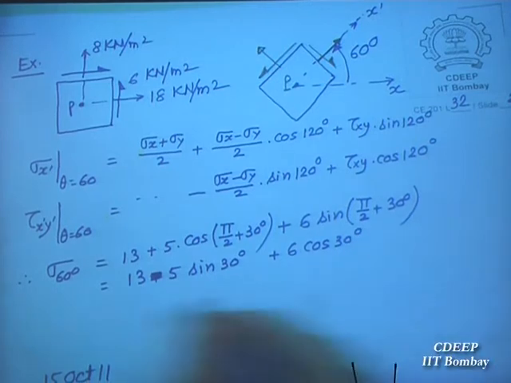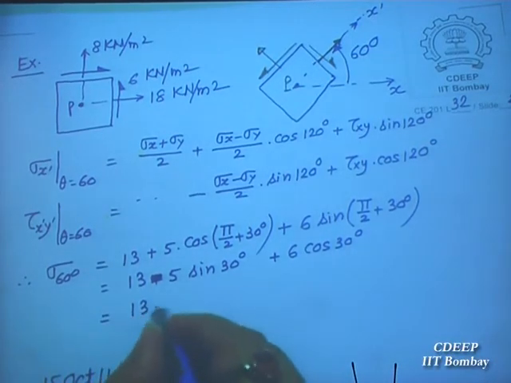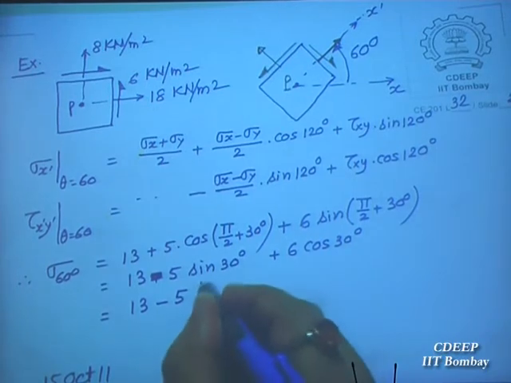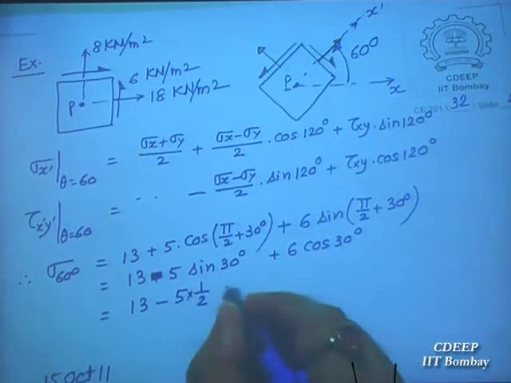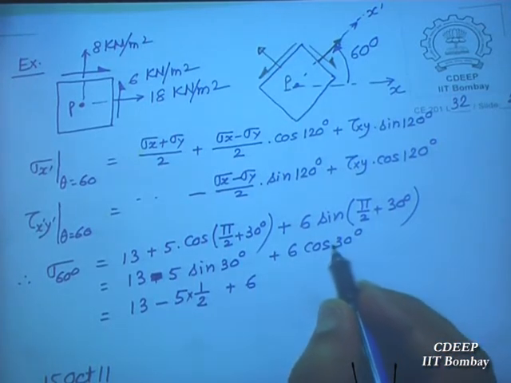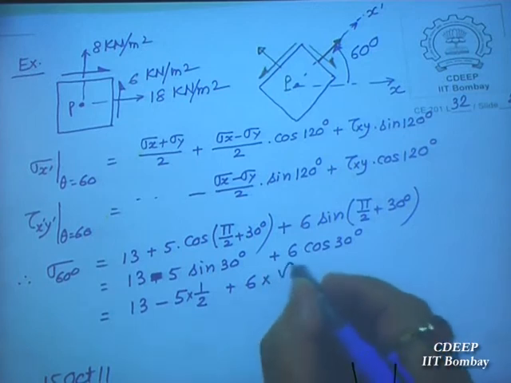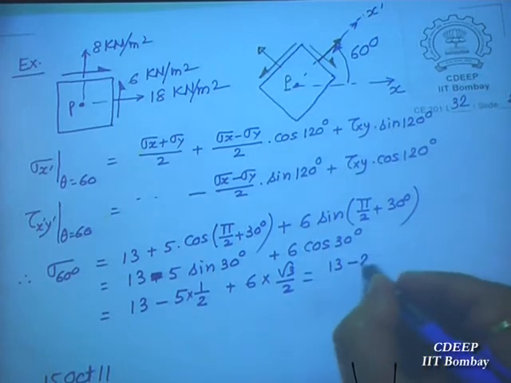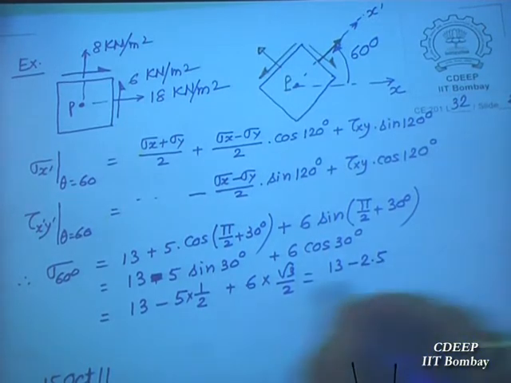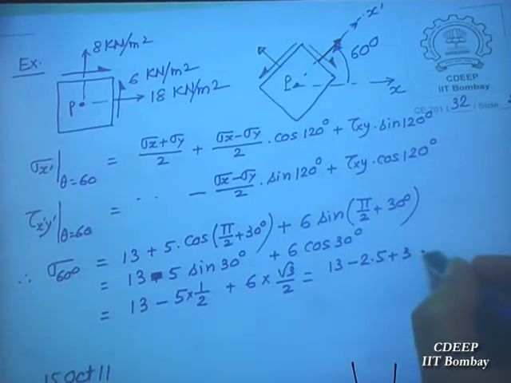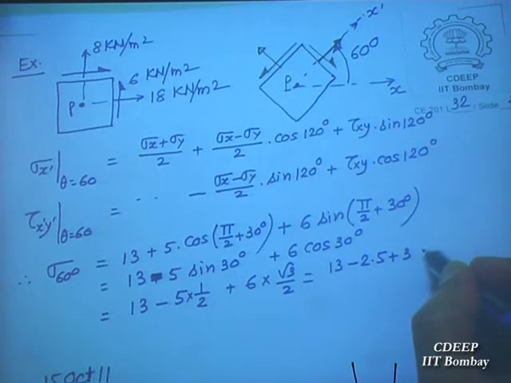So 13 minus 5, and sine 30 is 1 by 2, plus 6, cosine 30 is root 3 by 2. So that comes out to be 13 minus 2.5 plus 3 into root 3. Root 3 is 1.732.